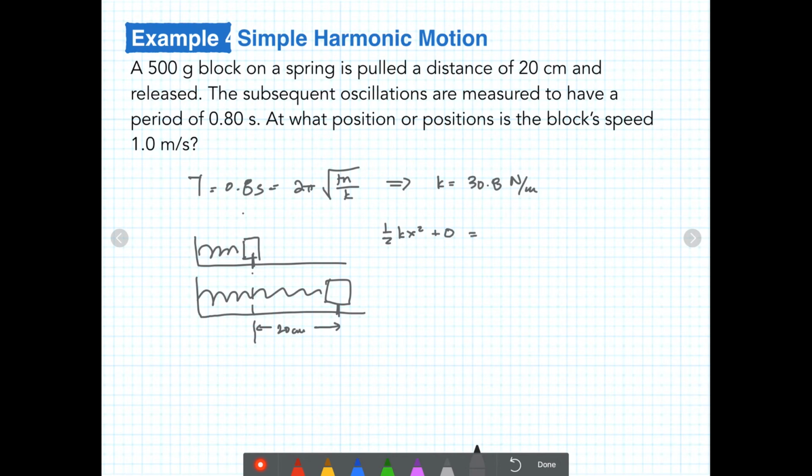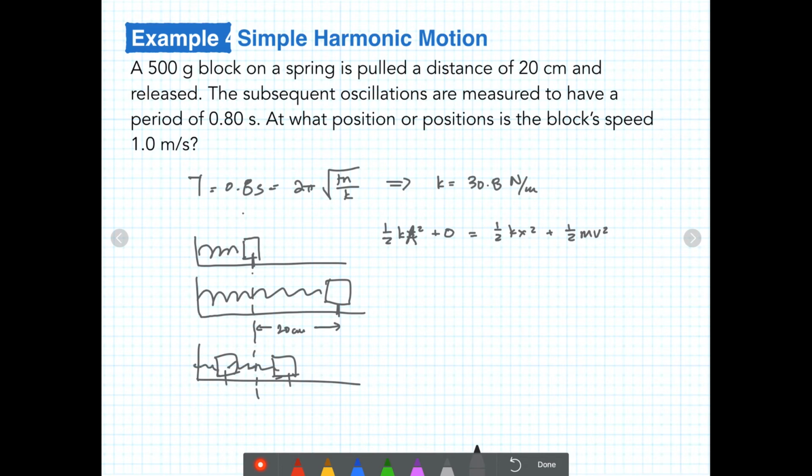When we want to know what it's doing in the final state, that's going to be 1/2 kx squared, where x is your maximum amplitude to start out with, plus 1/2 mv squared, because at some later time it's going to be either here or here, away from equilibrium.